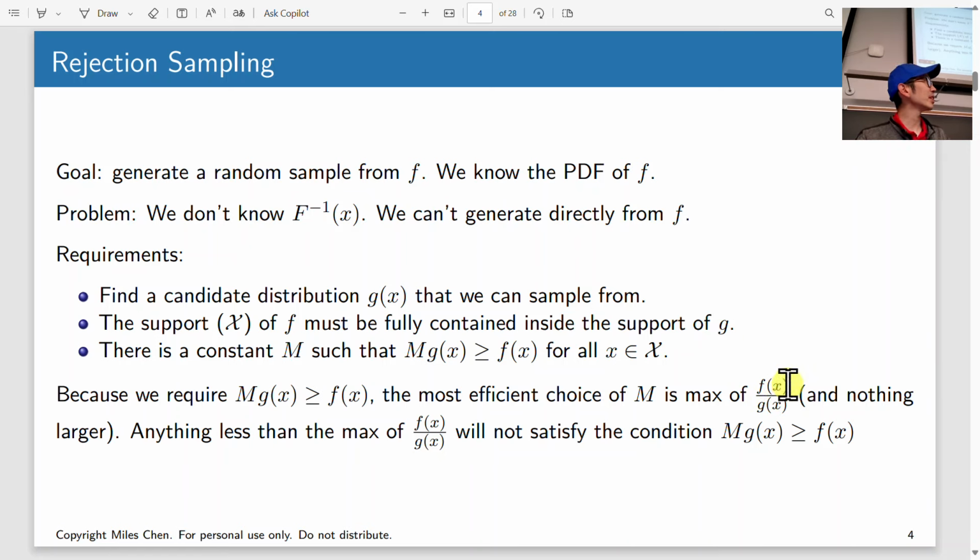This might be tough to figure out, but if you can do F divided by G and figure out its max, then whatever you use here will satisfy this condition and will be the most efficient choice. If you use anything smaller than that, there's going to be some value of X where M times G of X is not greater than F of X.